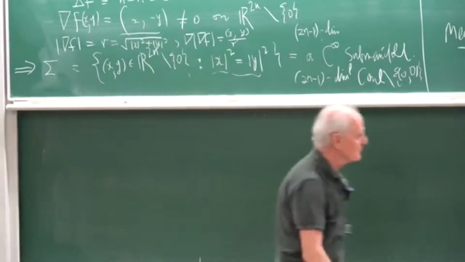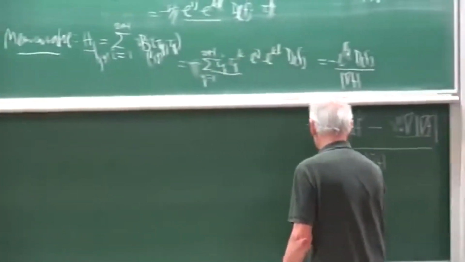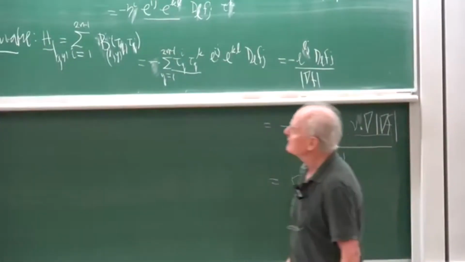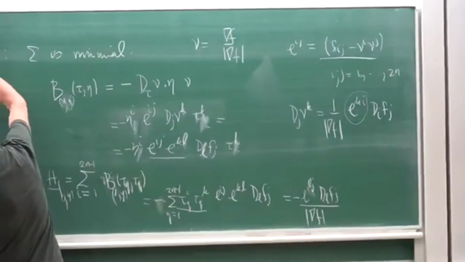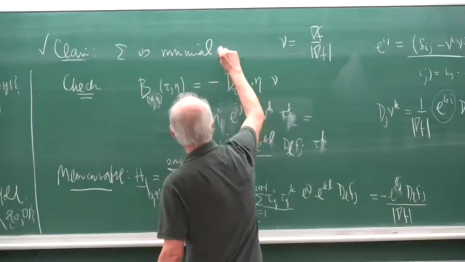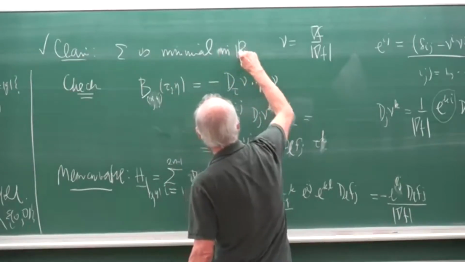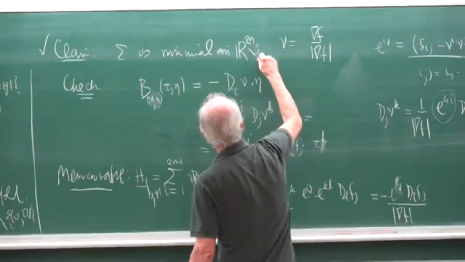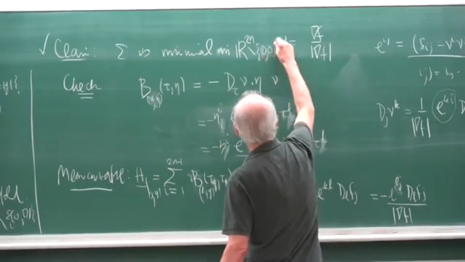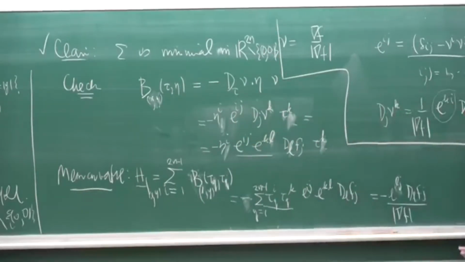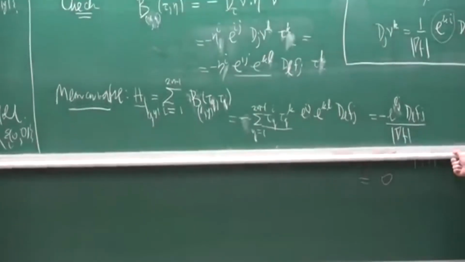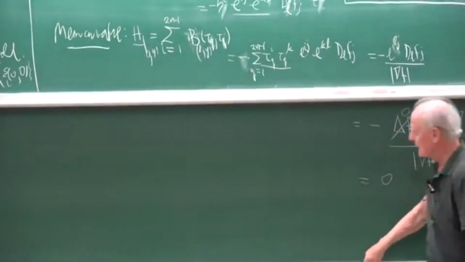So indeed, that bit's also 0. So indeed, that is the correct claim. The sigma is minimal in R2n minus 0. That's good.